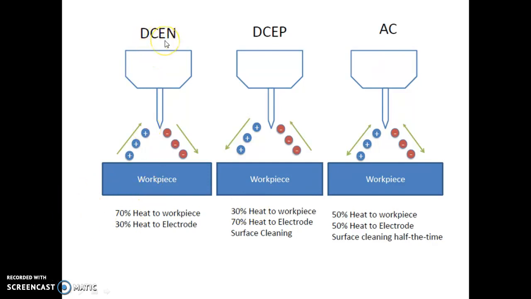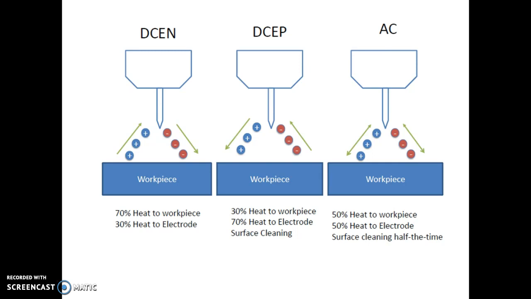In direct current electrode negative, the workpiece is positive and the electrode is negative. Whichever is positive, electrode or workpiece, will have about 70% of the heat, and the negative one will have 30%. So depending on the requirement, the positive and negative terminals are connected.